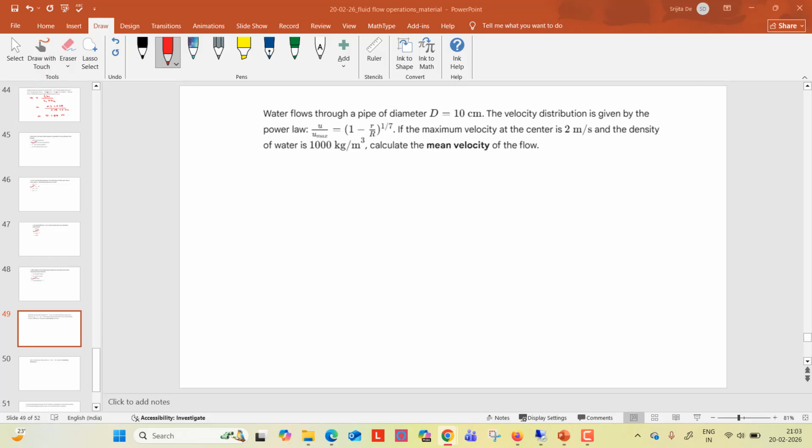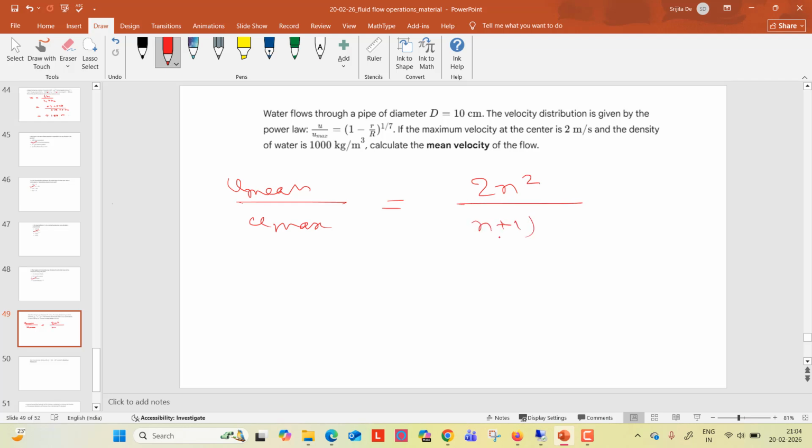So the mean velocity expression is given. If you calculate the mean velocity, u mean, you can also write it as u mean by u max equals 2n square by (n plus 1) into (2n plus 1).